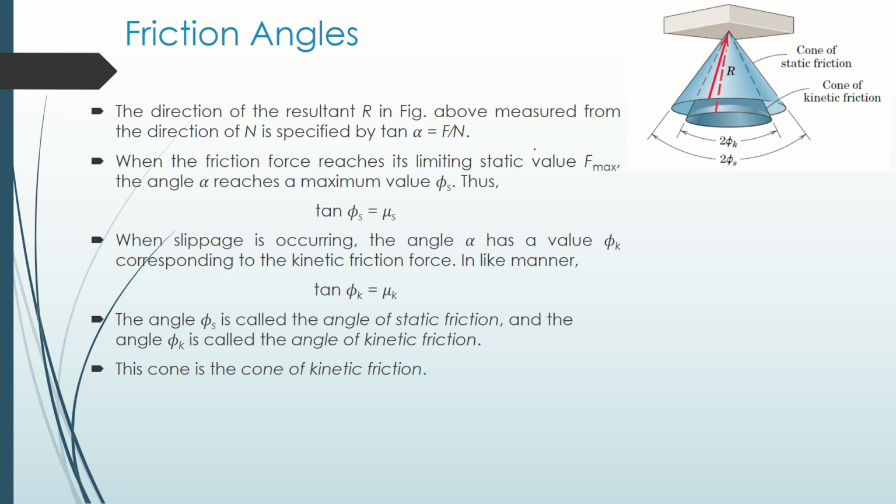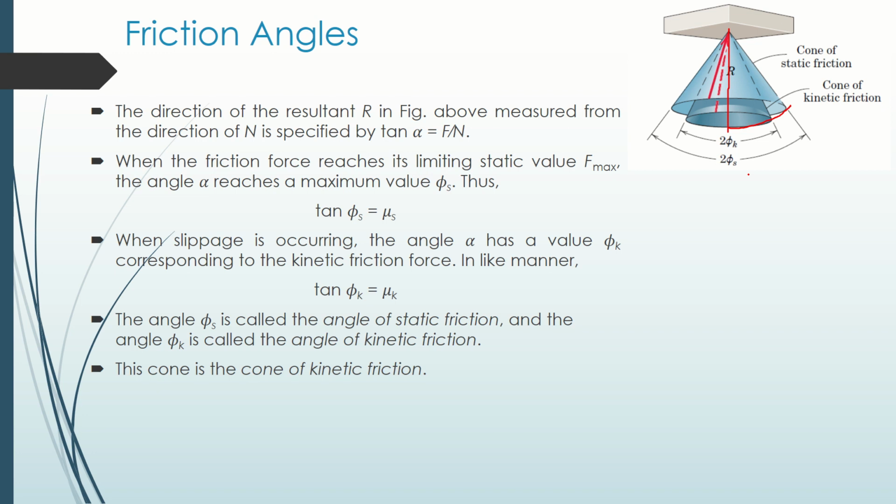Take the tan inverse of that, and you will find the angle that is called phi s. The phi s is just an angle from the central axis, right here. You drop this central axis, and this angle, the bigger one, is your phi s.